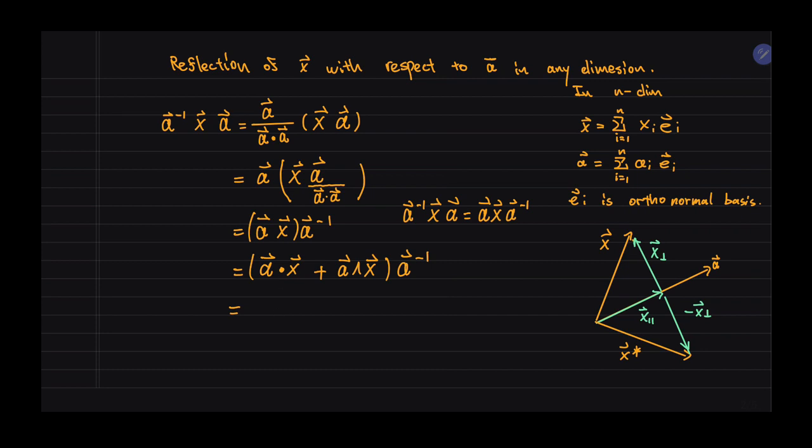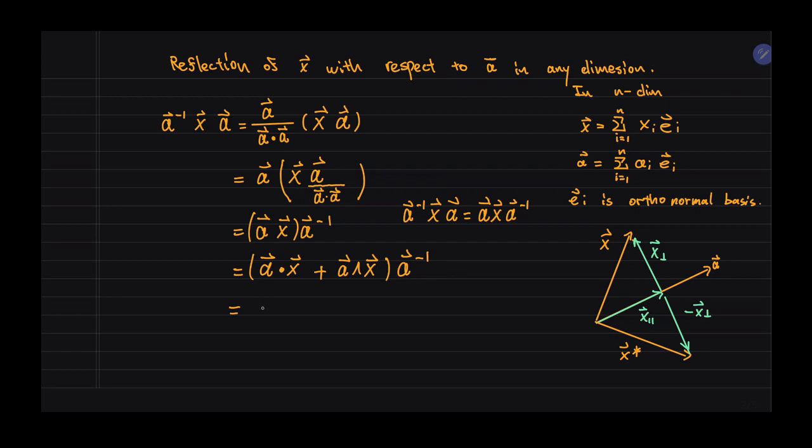For the dot product, they commute, so we can just swap them. For the wedge product, we can also swap them, but by putting a minus sign, since the wedge product is anti-commutative.